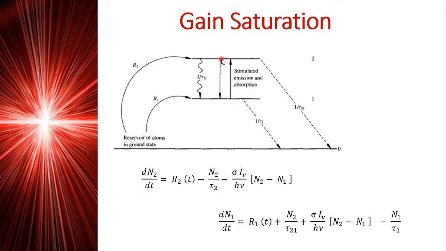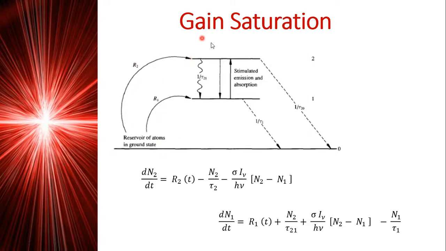and level number two. So for level number two, we said that the rate of change of the population, which is N2 for the energy level E2, with respect to time, dN2/dt, is equal to R2(t), which represents the injection of electrons from the ground state to the energy level E2.